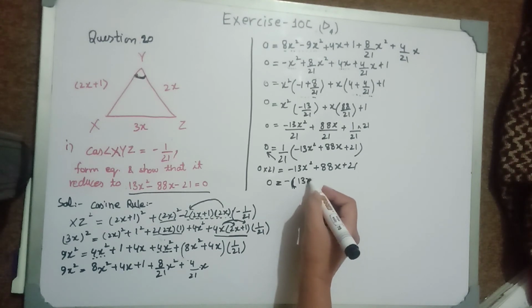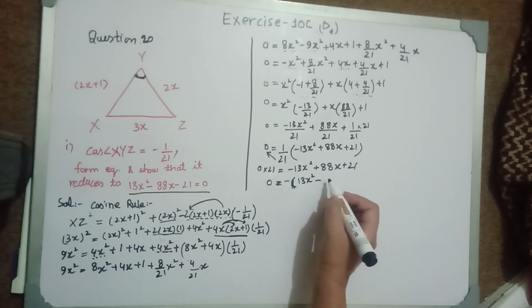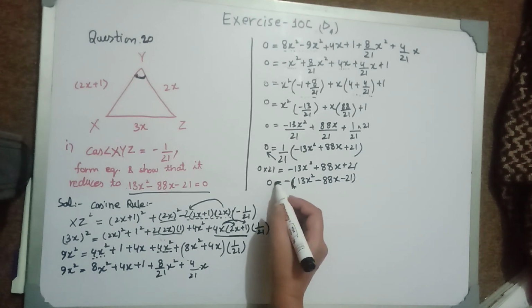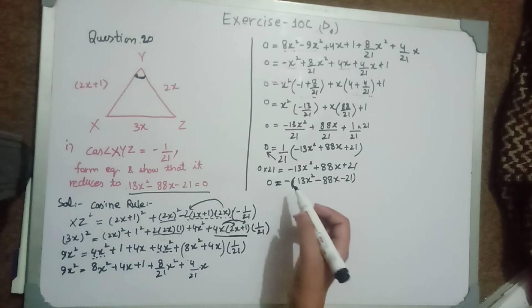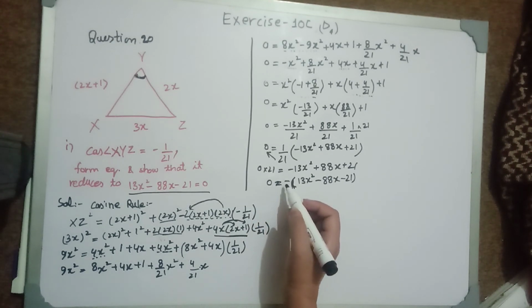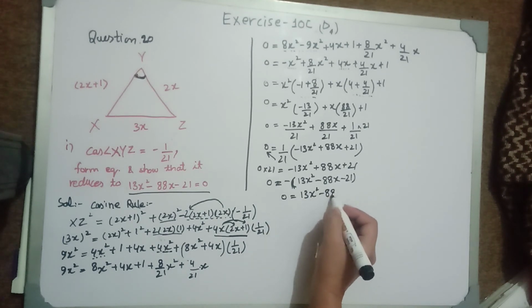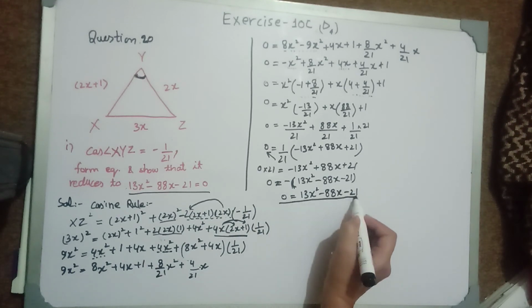So on taking minus common, I will be left with 13x square, this plus will turn into minus 88x, and again plus will be minus 21. And I can multiply both sides by minus, and this will turn into positive. So I'll get the equation 0 is equal to 13x square minus 88x minus 21, which is the required equation.